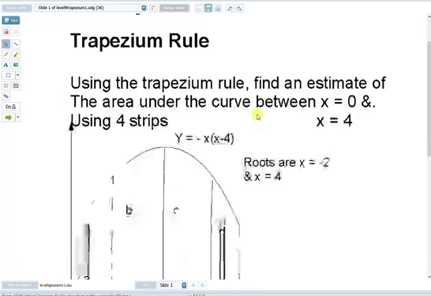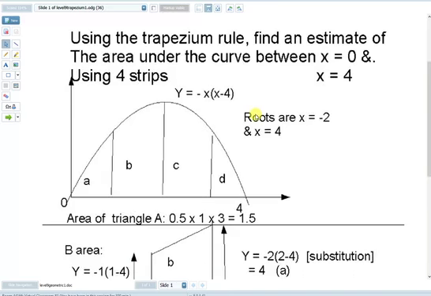If we use the trapezium rule, we're normally told how many strips to use. This might be part b of a bigger question, where you've got a negative quadratic and they say find the area under the curve between such and such on the x-axis.